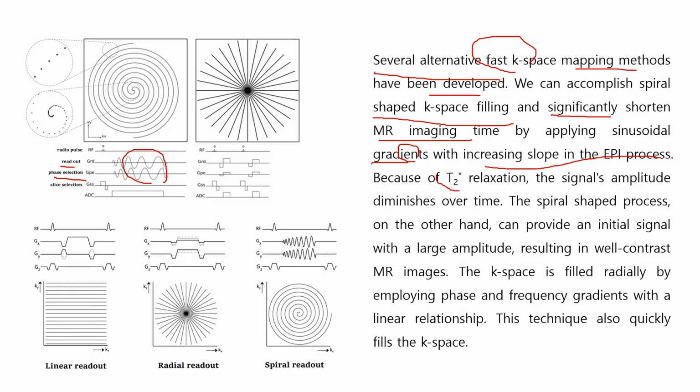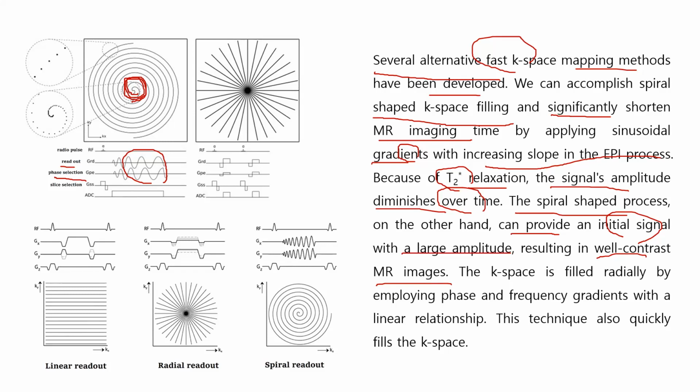Because of T2 star relaxation, the signal's amplitude diminishes over time. So according to time, the signal intensity decreases very fast according to T2 star relaxation time. So the spiral-shaped process can provide initial signal with large amplitude in this position, resulting in well contrast MR images.